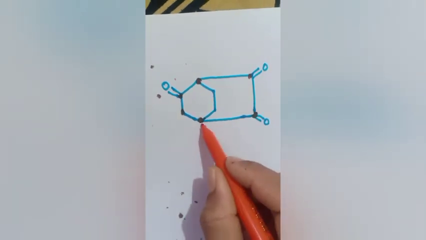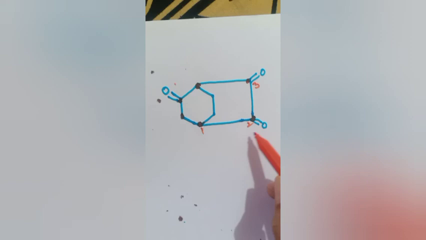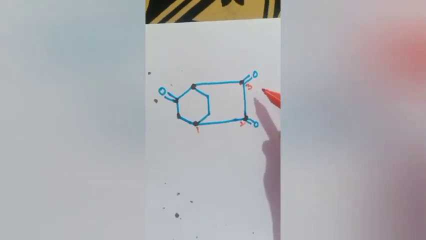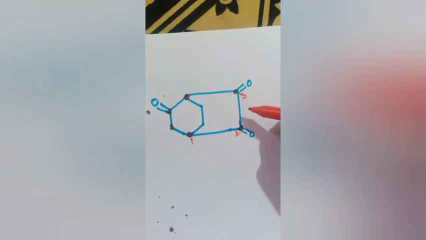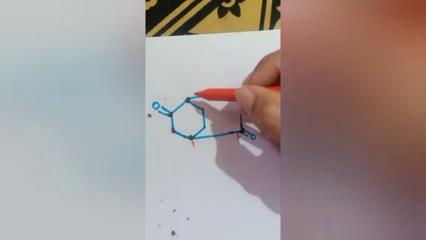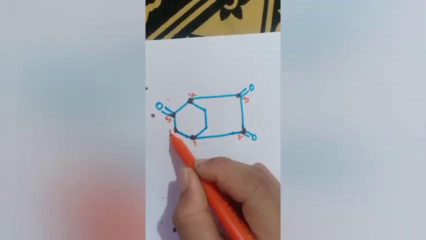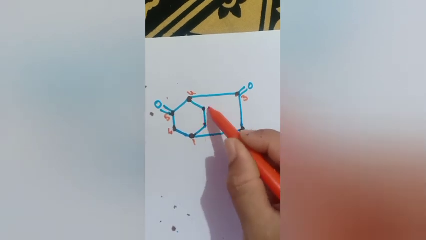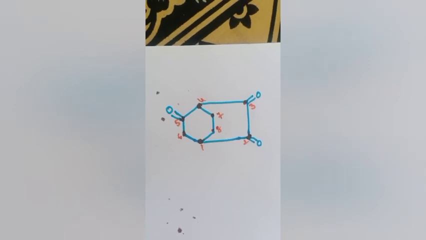So we can number in any way, but since there are functional groups, at that time we have to give the lowest number to the functional groups. So 1, 2, 3, and here 4, 5, and here 6. There are another 2 carbon atoms here, 7 and 8.